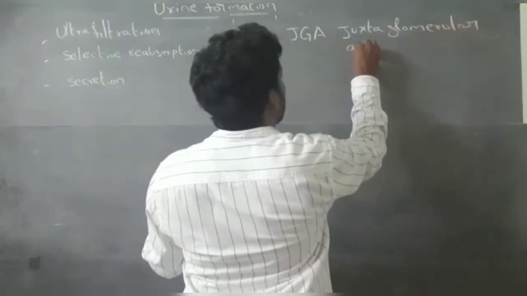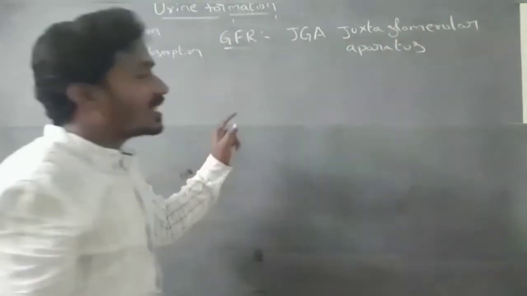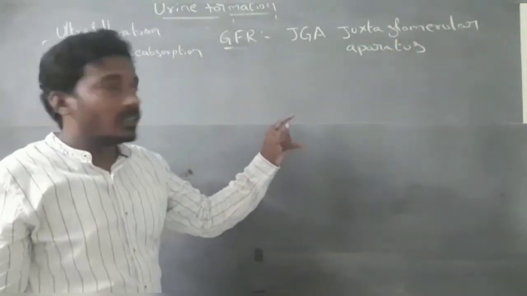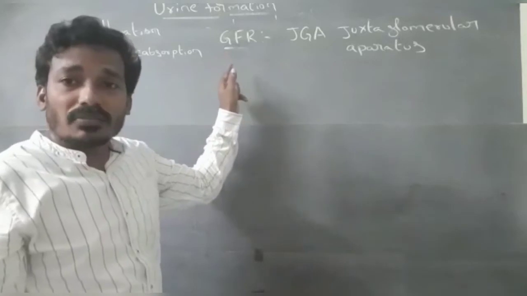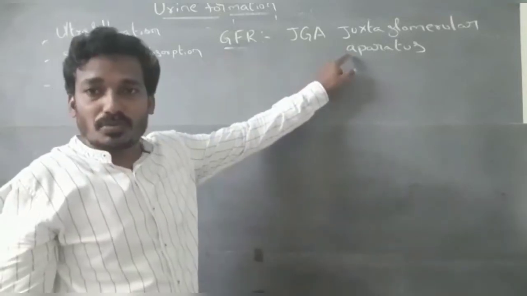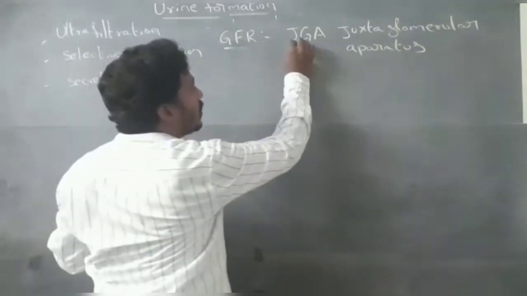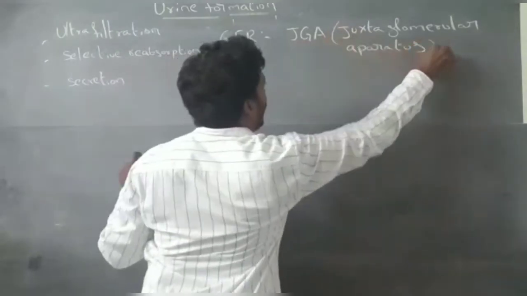The juxtaglomerular apparatus controls the glomerular filtration rate. It is of a special sensitive nature.